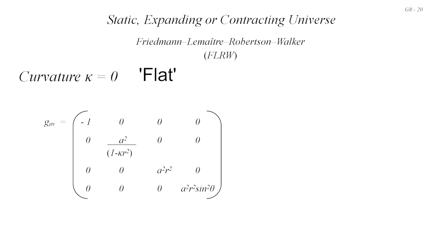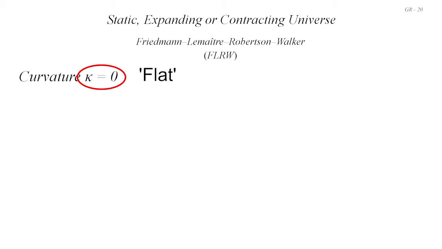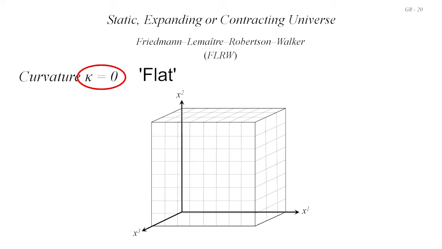Now granted, kappa only appeared in one of the dimensions, r, when using spherical polar coordinates, but you'll realise that the more usual three directions of space, x, y and z, will each be functions of r, and so if kappa is 0, it means that this three-dimensional space is flat. The three angles of a triangle will add up to 180 degrees, and also parallel lines will never meet. Such a space is said to be flat.